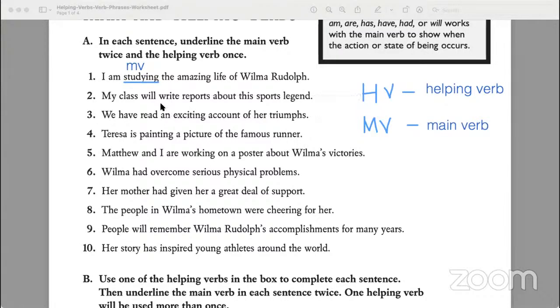Am is going to be a helping verb. So I am studying. That is the main verb, telling you what exactly you are doing. You are studying the amazing life of Wilma Rudolph.